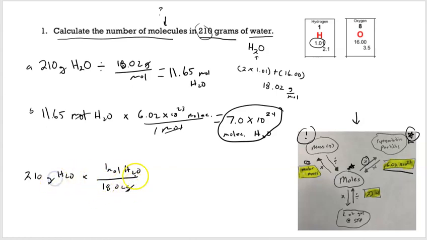Cancel my grams, times 6.02 times 10 to the 23rd molecules per mole. Cancel the moles, and I would still get the same answer up there.